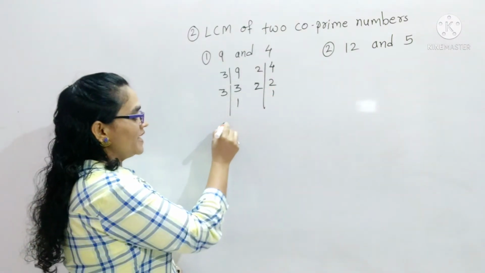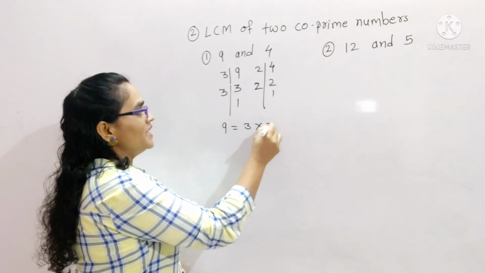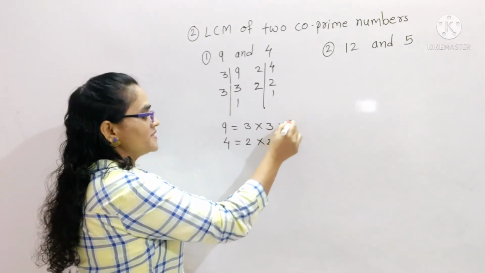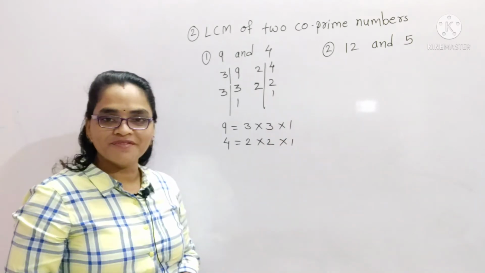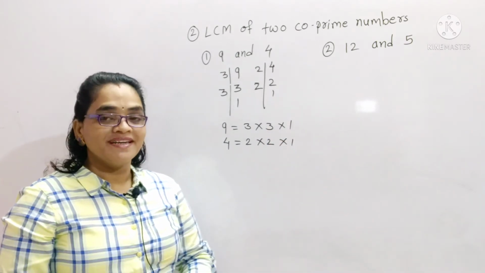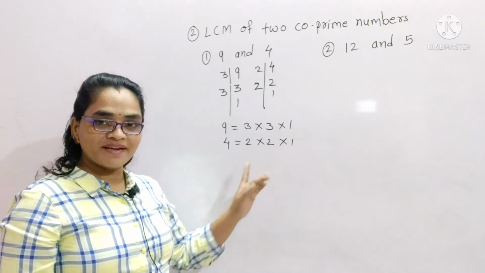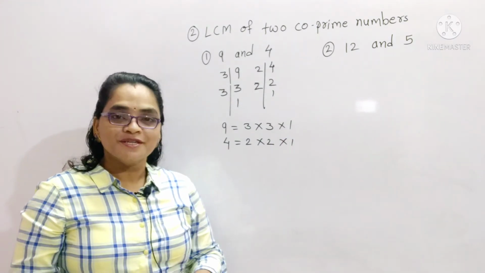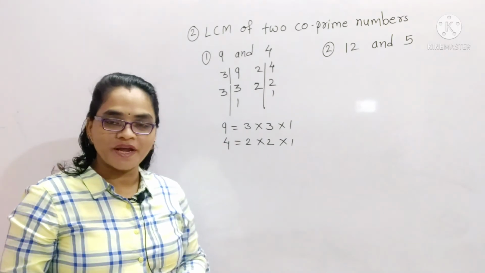Factors of 9 are 3 into 3 and factors of 4 are 2 into 2. Obviously 1 also, but we are not writing it every time. Except 1, they do not have any other common factor, so these numbers are called co-prime numbers.